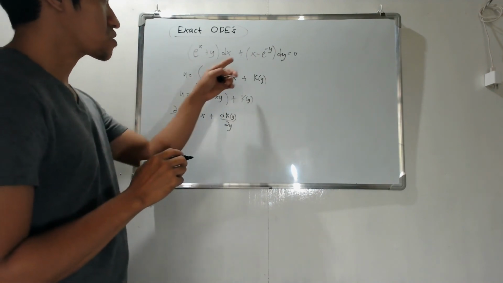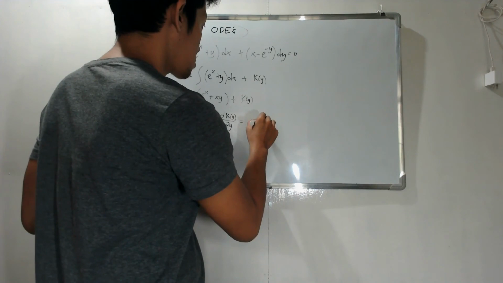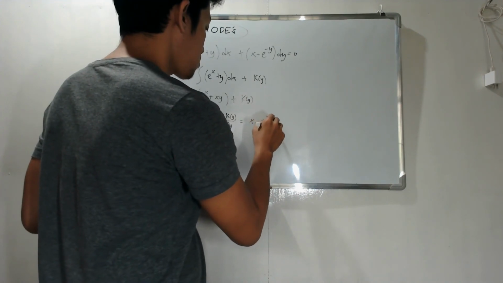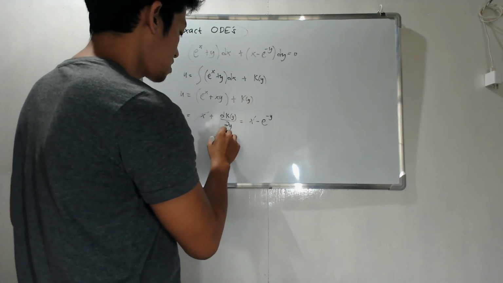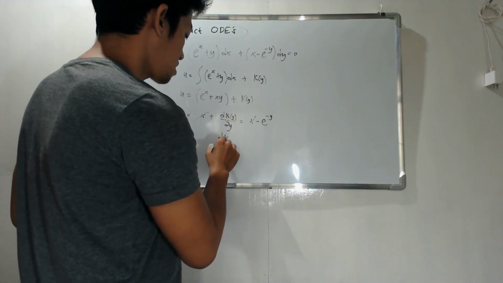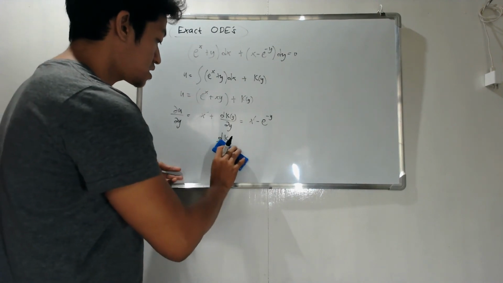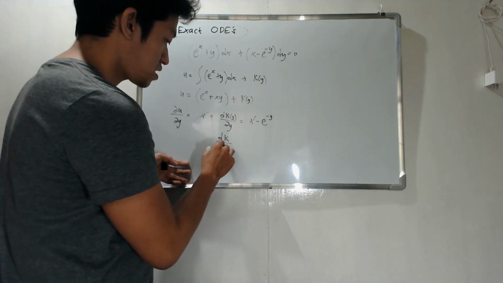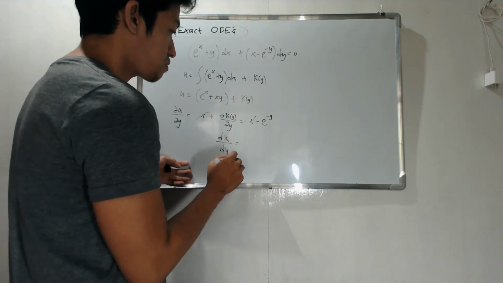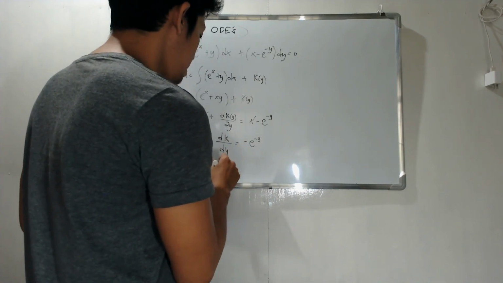Again, this is just equal to 1 minus e to the negative y. Therefore, x cancels out. Since only one variable is left, you can work on the derivative.